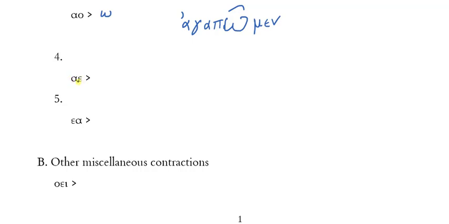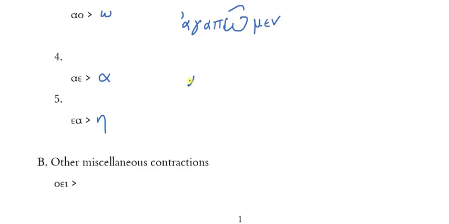If the alpha gets there first, then what alpha epsilon produces is a long version of the first vowel. Well, what does a long alpha look like? It looks like that. That's right. If the epsilon gets there before the alpha, the epsilon becomes a long epsilon. Well, what's a long epsilon? It's an eta, okay? So whatever's there first, alpha epsilon or epsilon alpha, becomes the long version of what got there first.